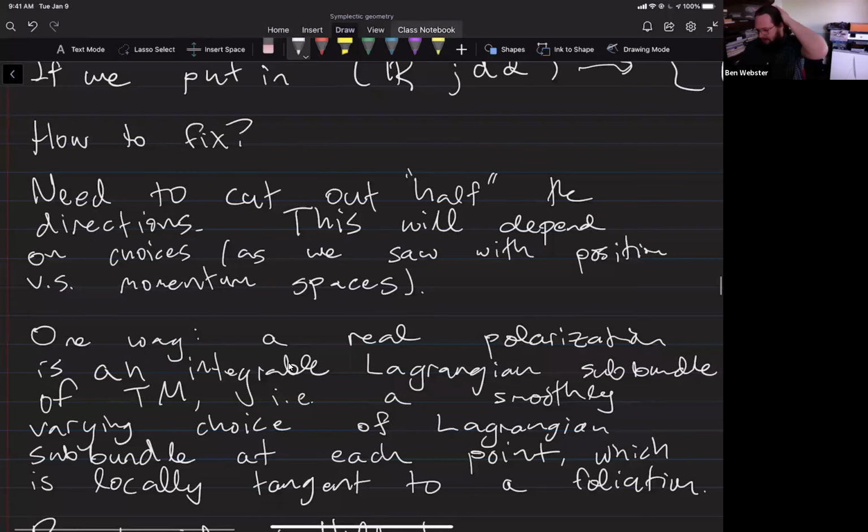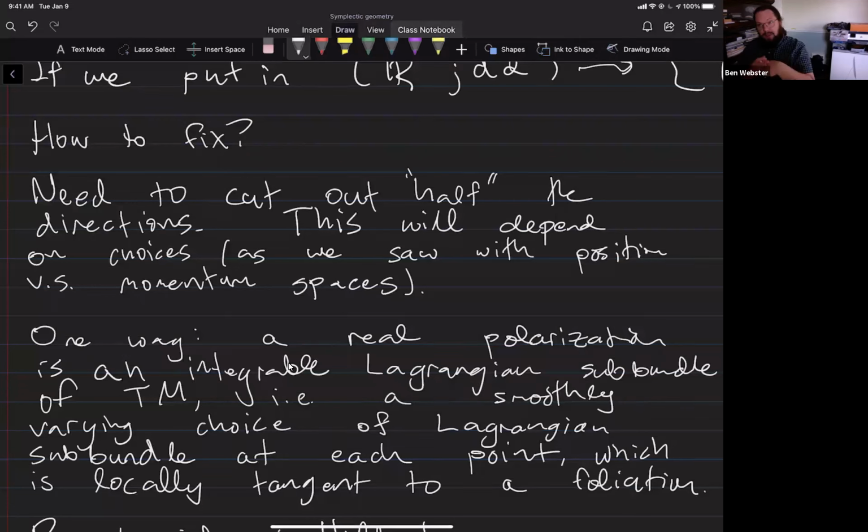So one way of doing this is what's called a real polarization. So we take our tangent bundle of our symplectic manifold and we choose an integrable Lagrangian subbundle. So a smoothly varying choice of the Lagrangian submanifold at each point, and which is locally tangent to a foliation.